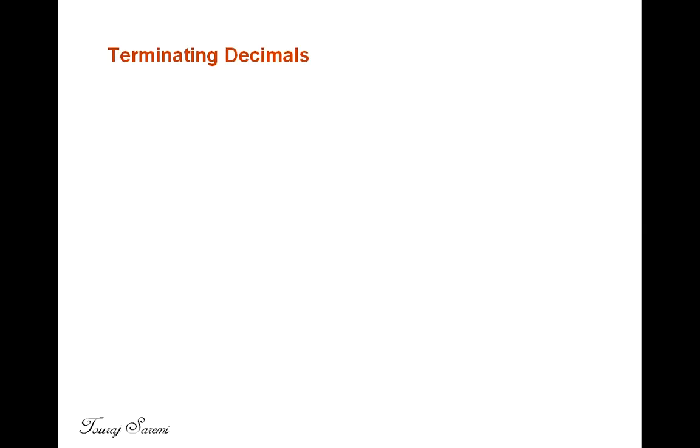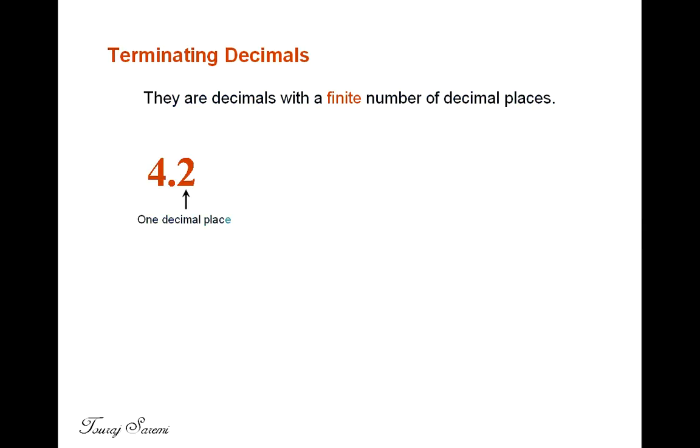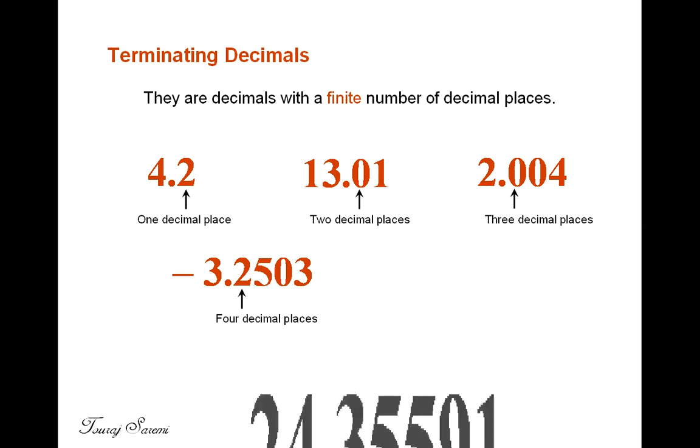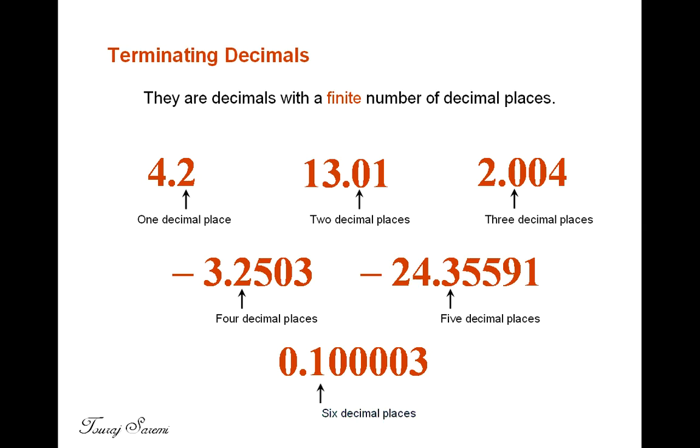Terminating decimals are decimals with a finite number of decimal places. 1 decimal place. 2 decimal places. 3 decimal places. 4 decimal places. 5 decimal places. 6 decimal places. All terminating decimals are rational numbers.